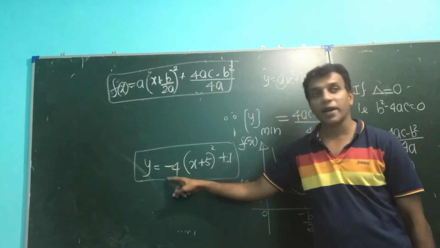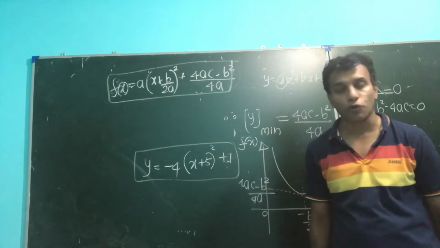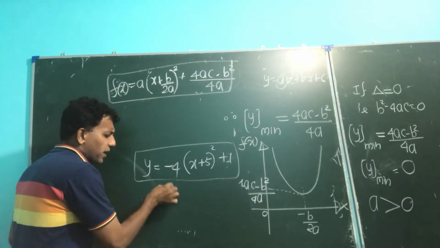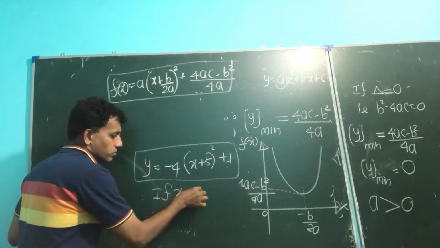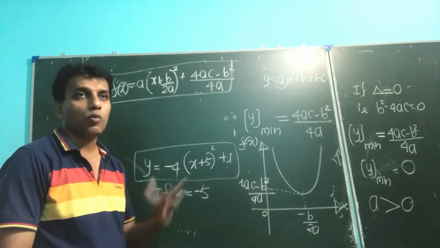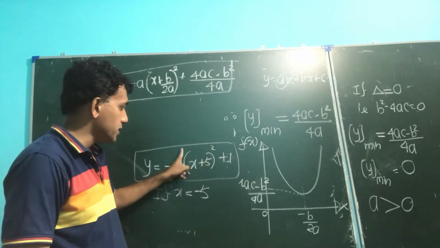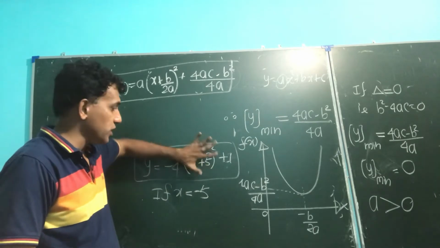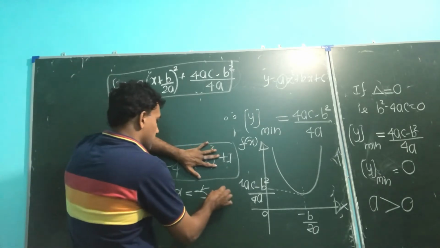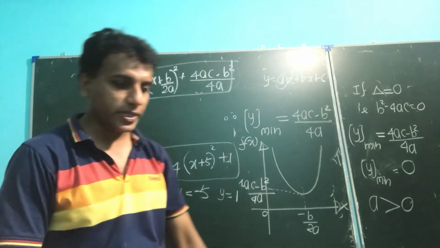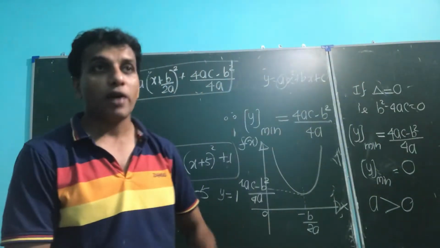Minus 4, right? If x equal to minus 5, this becomes 0. My target is to make that bracket 0. So what is y? 1. If you put x equal to minus 5, y becomes 1.